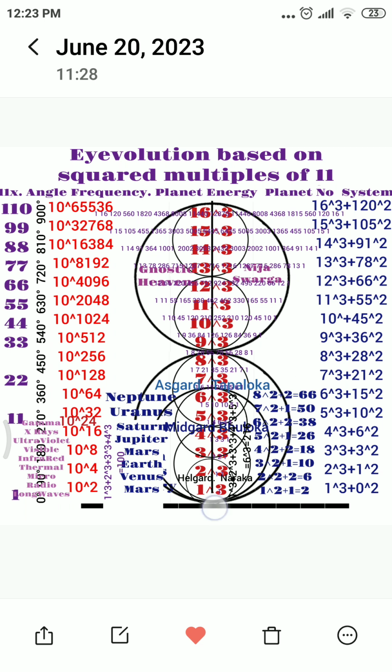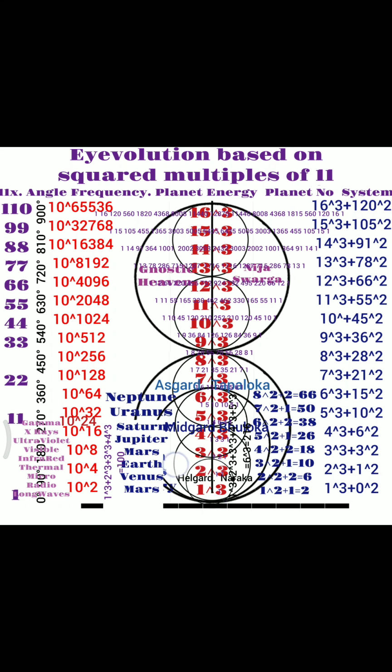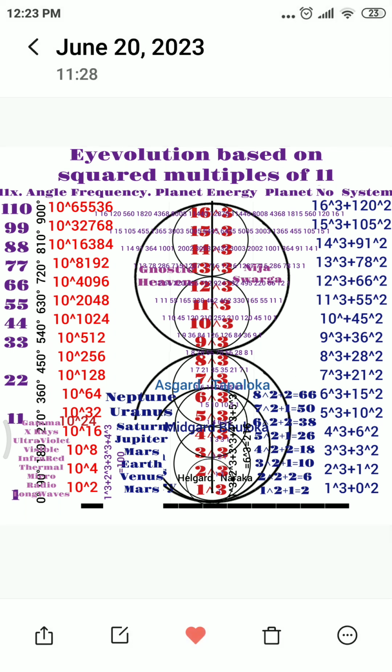If you take this as the y-axis and this as the x-axis, here on the x-axis it will be 1. That is when it will be 11. When it is 22, a full circle will be described. When it is 44, two circles will be described, and when it is 66, a complete sphere forms.